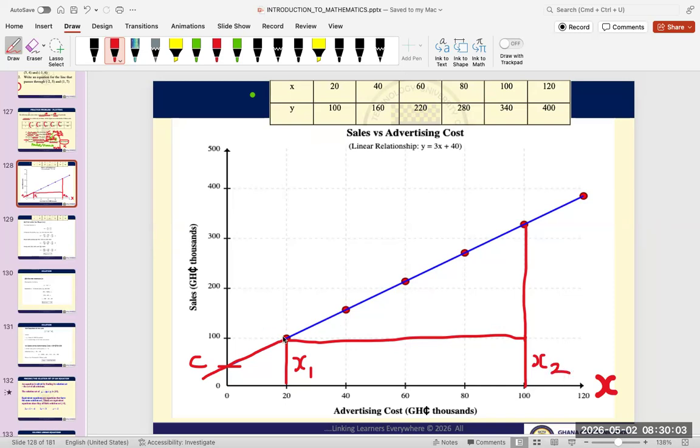Again, you can decide to make this one your Y1, and then you make this one your Y2. So when you are calculating the M, it becomes easier.